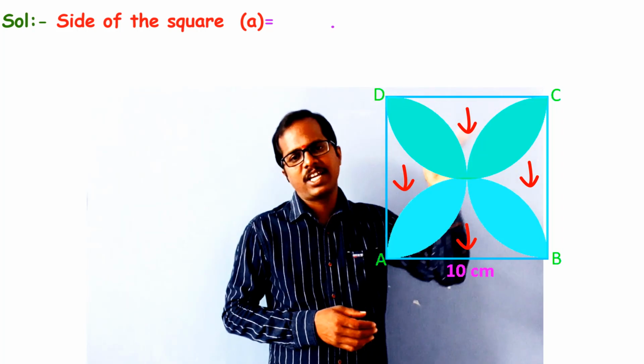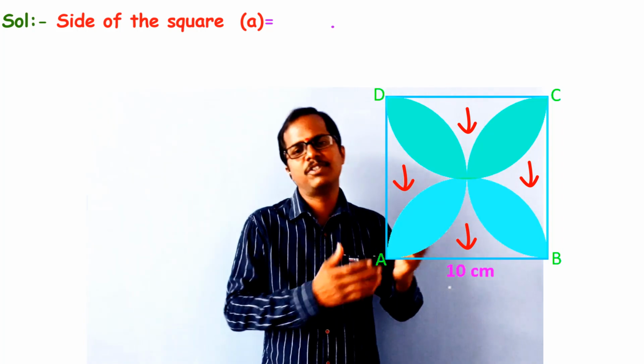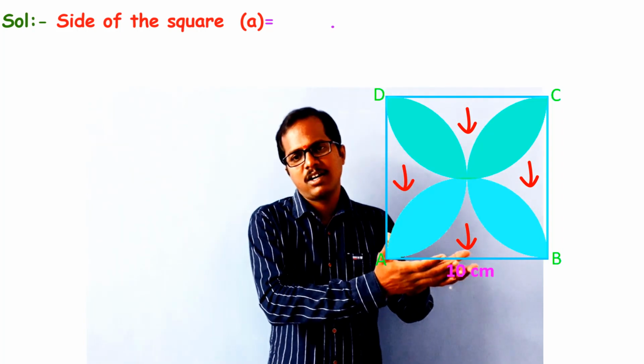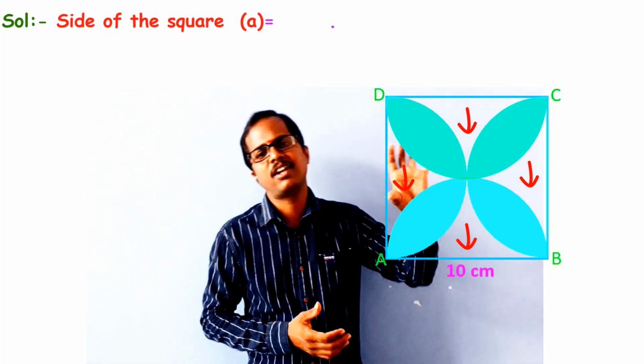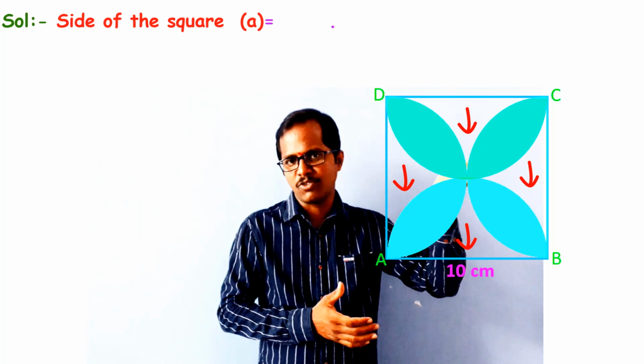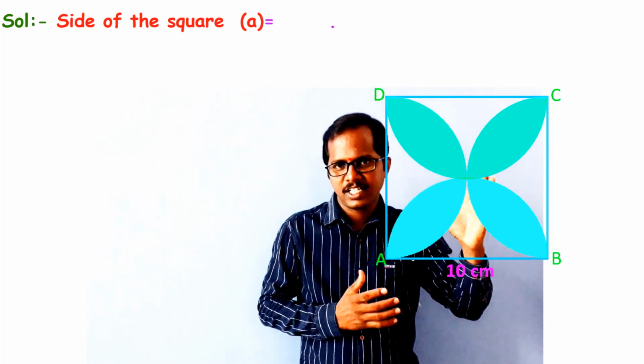That means we cannot directly find the area of these unshaded portions. So then how can we find this shaded portion?